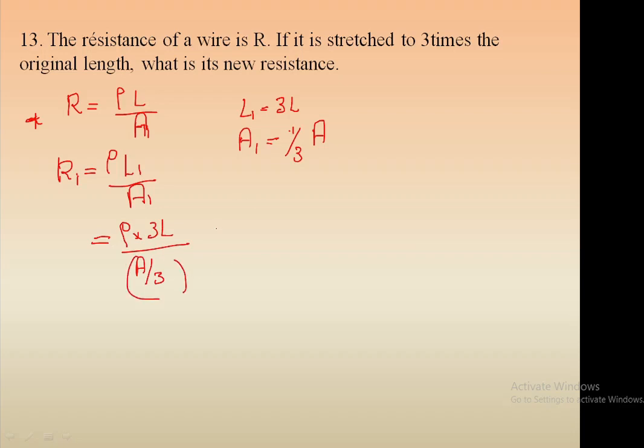So that is equal to, 3 is already there, and this A by 3, the 3 also comes to the numerator. Then the remaining things are rho L by A, that is 9 rho L by A. What is rho L by A? Rho L by A is the original resistance.